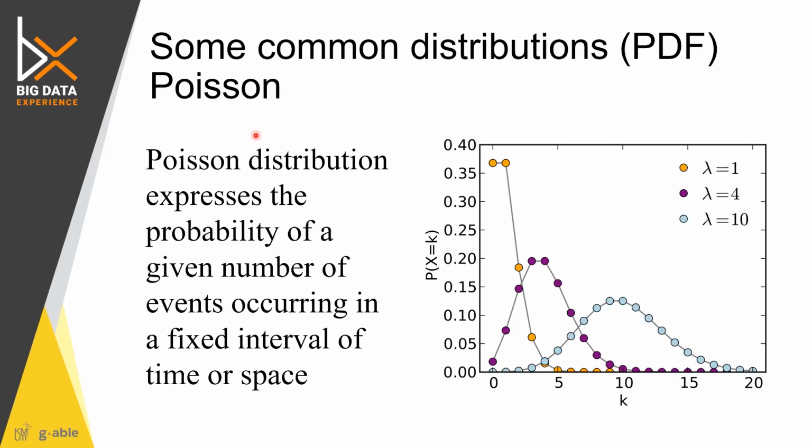The Poisson distribution is an inverse of the exponential distribution. You can see that they are like one another because the Poisson distribution counts the number of events occurring in a fixed interval. You have a fixed interval, and then you count the number of times that it happens.